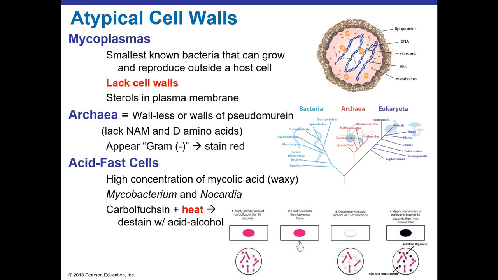As I said before, the archaea bacteria are prokaryotic, but they're usually wall-less or have walls of pseudomurein. They don't have peptidoglycan. The archaea bacteria were considered to be the most ancient, at least we thought so.